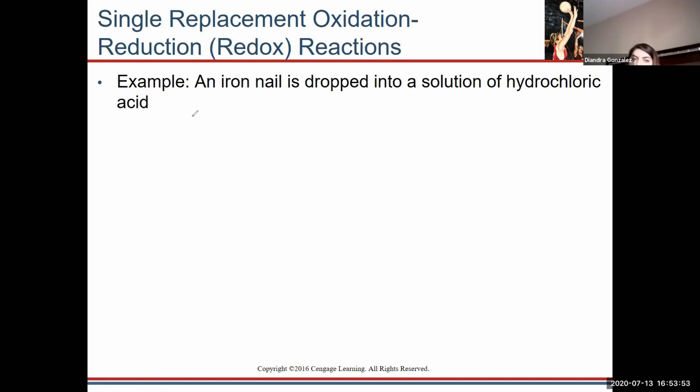Would it just be Fe and then in parentheses s? Okay. And hydrochloric acid? HCl, and then in parentheses, aqueous. Okay. And what are we going to make? So you would yield that.